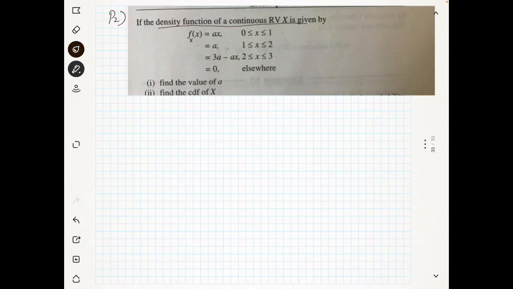Find the value of a. So this is given as a PDF. It is given f of x is a PDF.